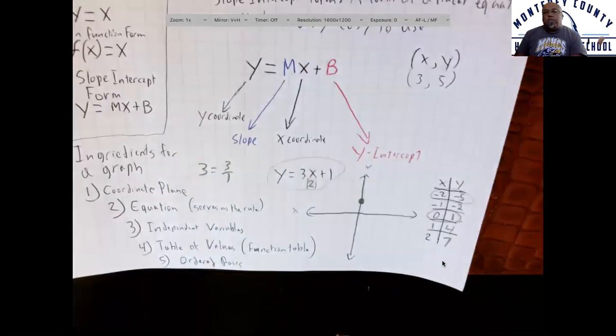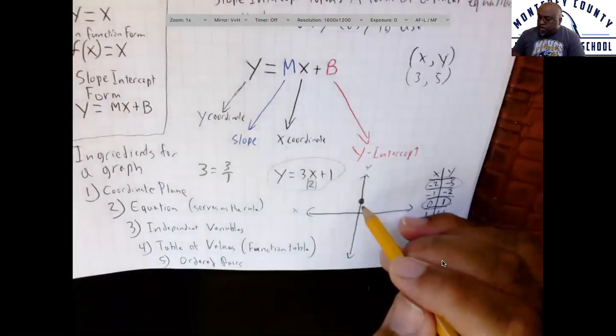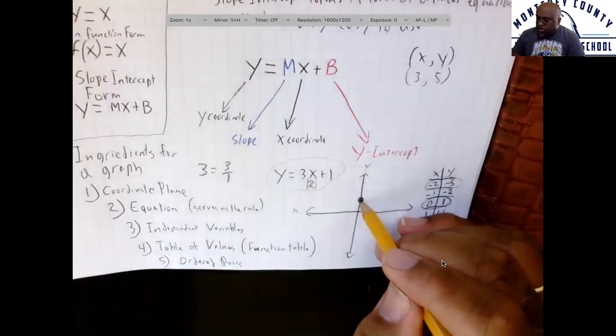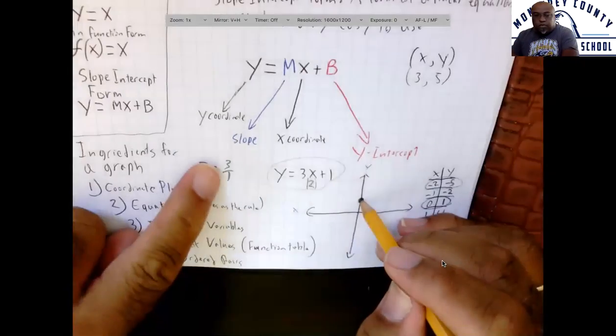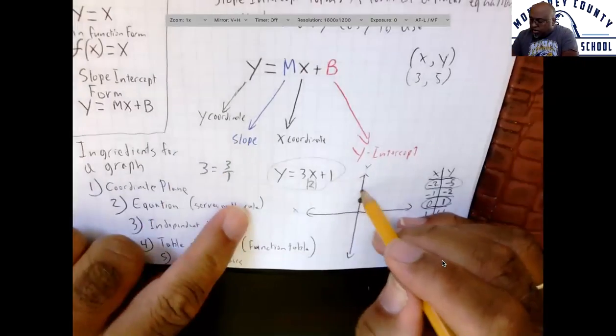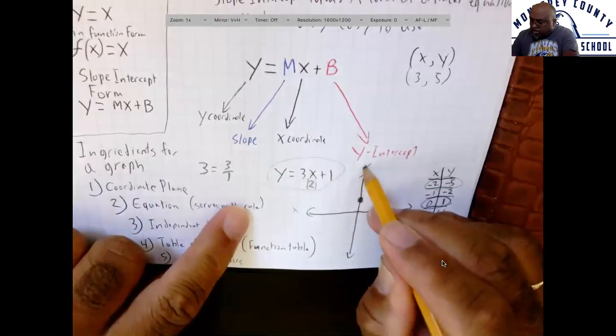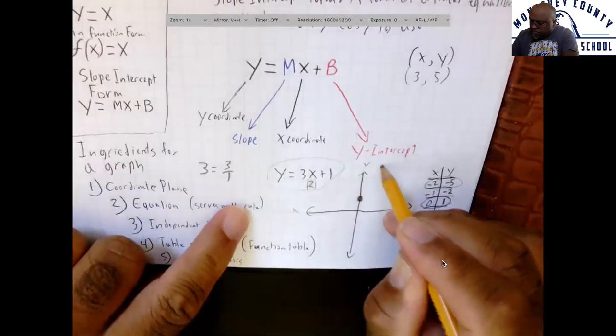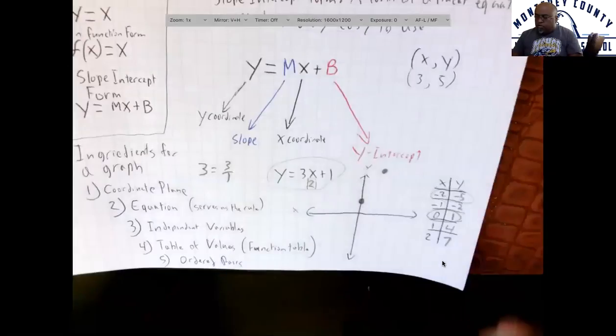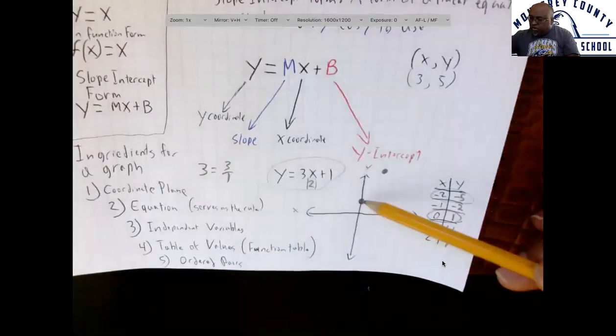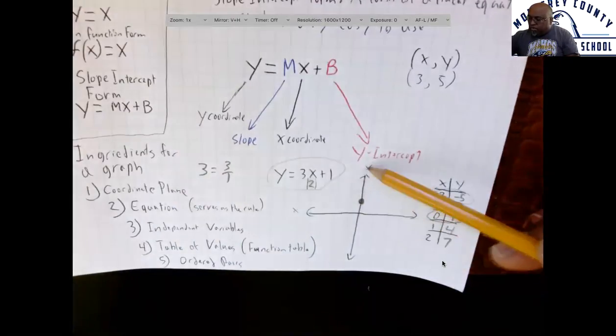So we determined a couple lessons ago that slope is rise over run. So that means I go up 3 because my slope is 3 over 1. So go 1, 2, 3, and I go over 1. Because remember we said 3 up, and then 1 over.